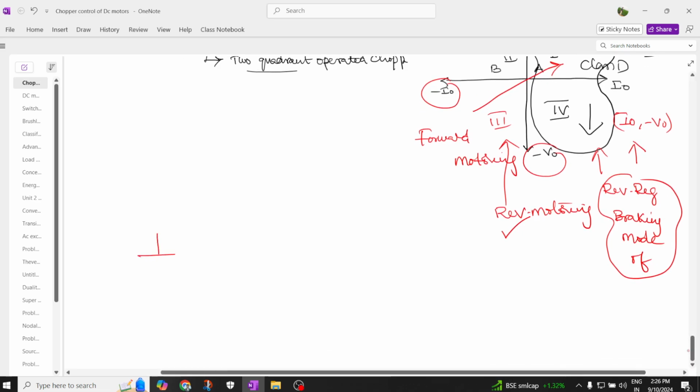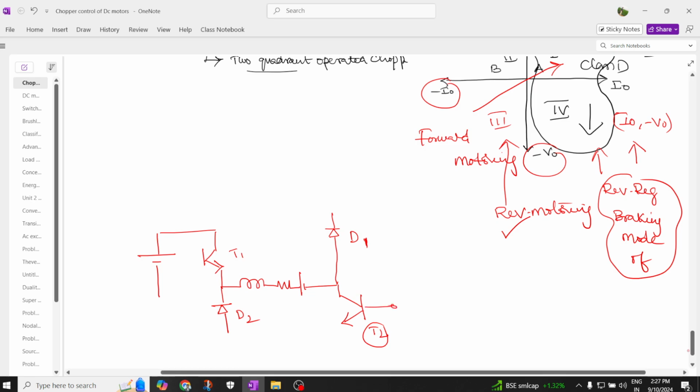Here you are going to have a DC supply, and here you are going to have a transistor, and here you are going to have an inductor and resistor connected to a back EMF, and this is connected to one more diode which I'm labeling as D1, and this I'm going to label as T1, and here you are going to have one more diode D2, and here T2 transistor like this. So this is the voltage we are going to apply.